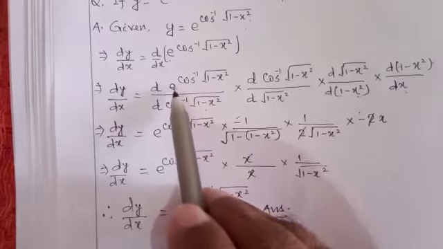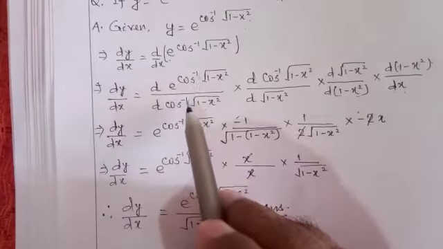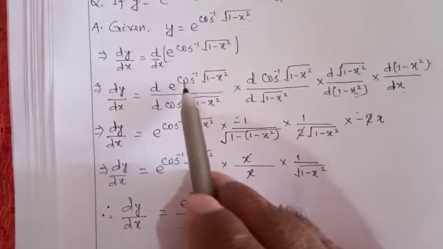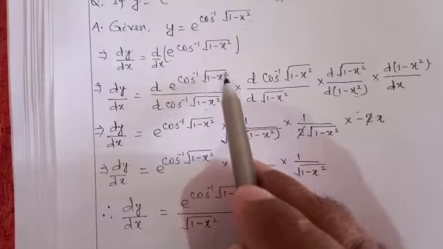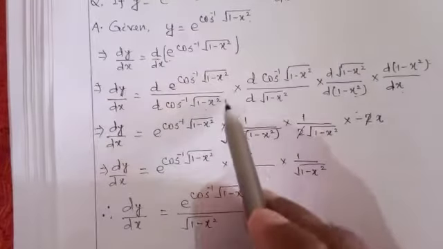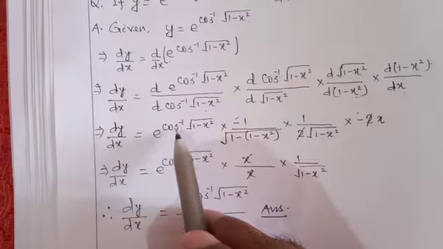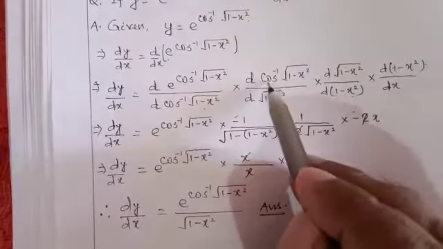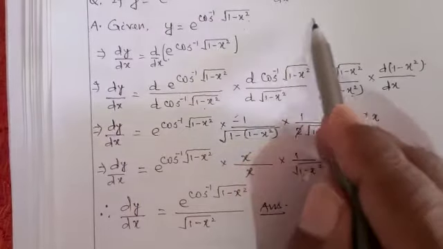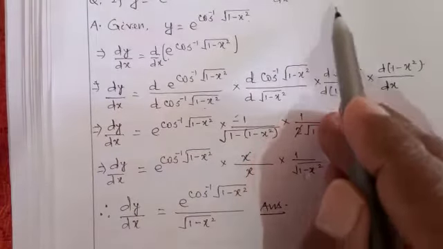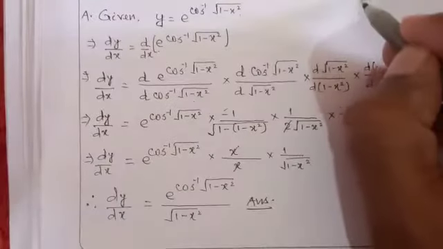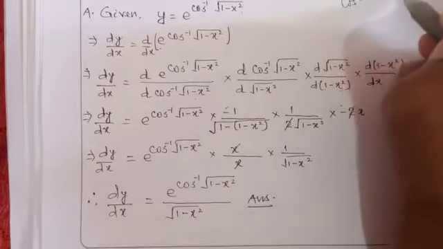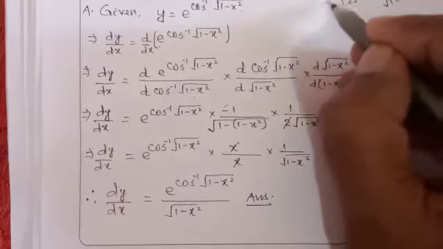Here the first term is e. So differentiation of e to the power x with respect to x is e to the power x. Here instead of x we have cos inverse under root 1 minus x square. So the value of this term should be e to the power cos inverse under root 1 minus x square into the differentiation of cos inverse x, which is minus 1 upon under root 1 minus x square.